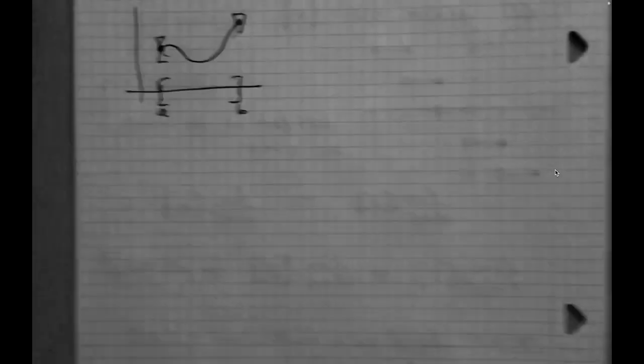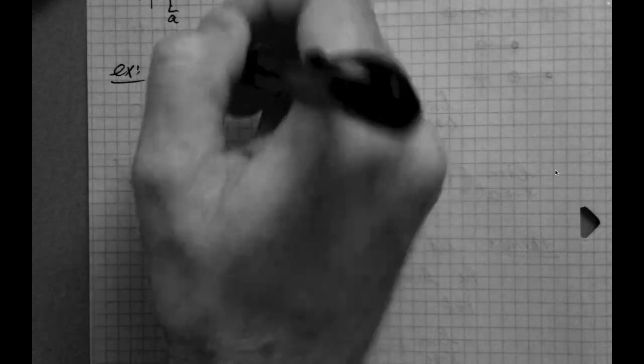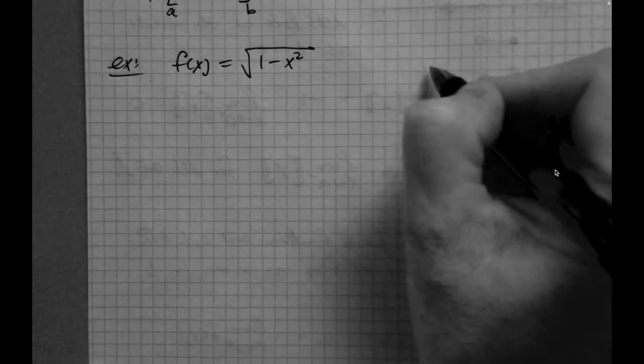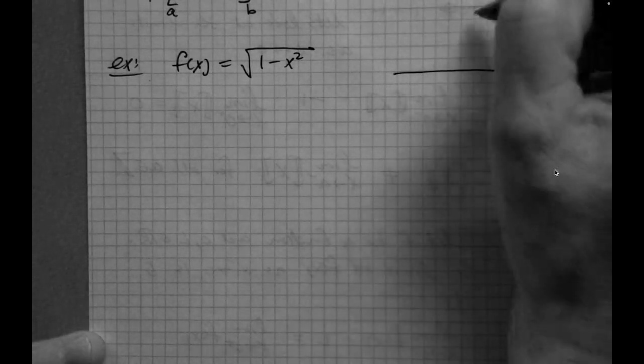All right, very good. Let's take one example, and then we'll end this part A of the video. Let's consider the function f of x equal to the square root of 1 minus x squared. This is similar to the one we saw before, I think it was 4 minus x squared, and so this is going to be that semicircle again.